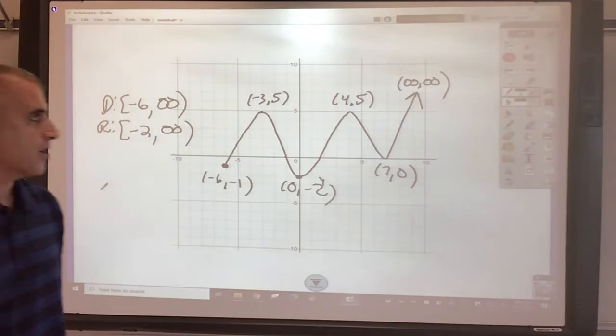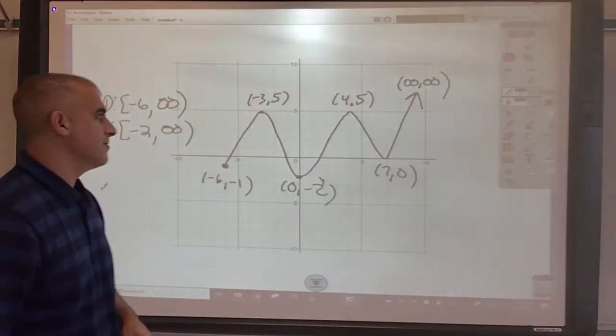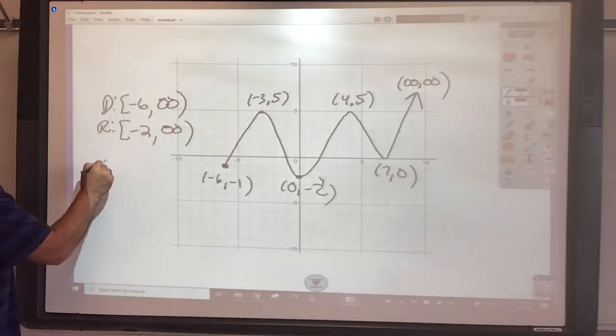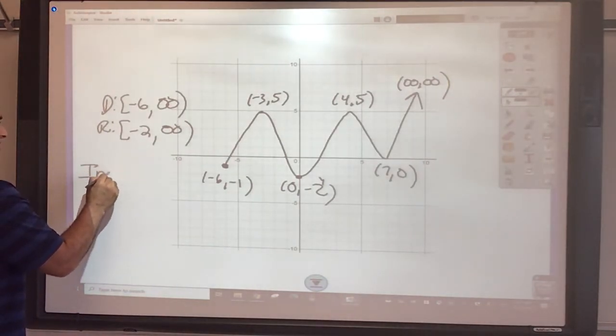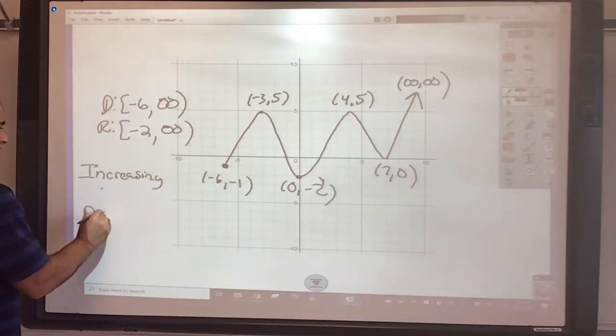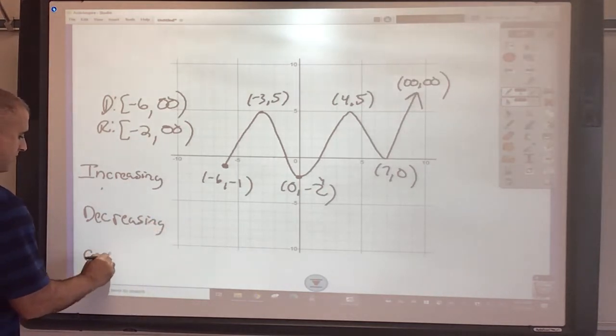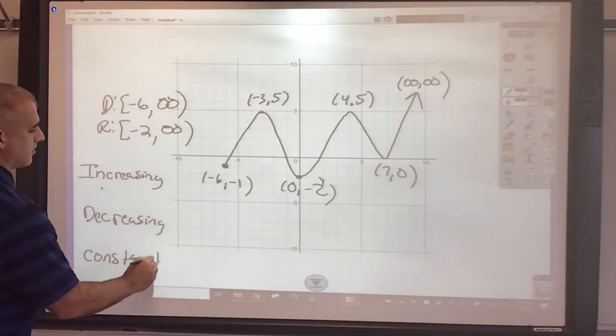Okay, I'm going to stay on this graph right here. I want to talk about the concept of increasing, decreasing, and constant. Okay?